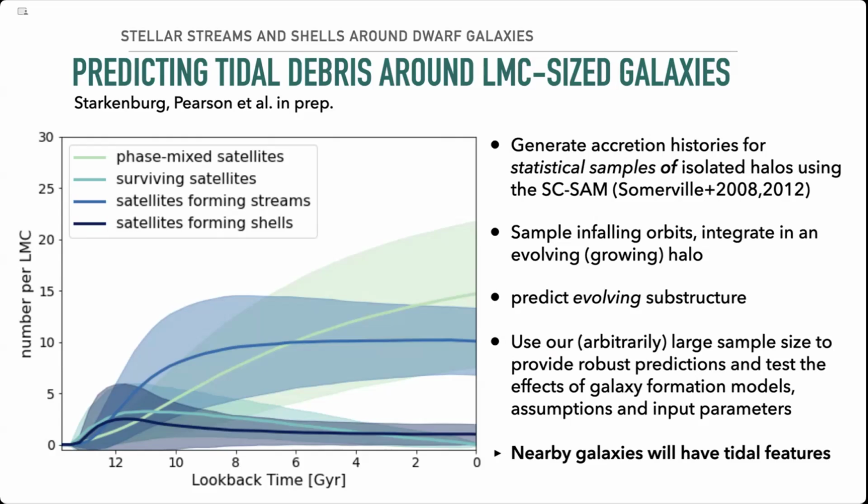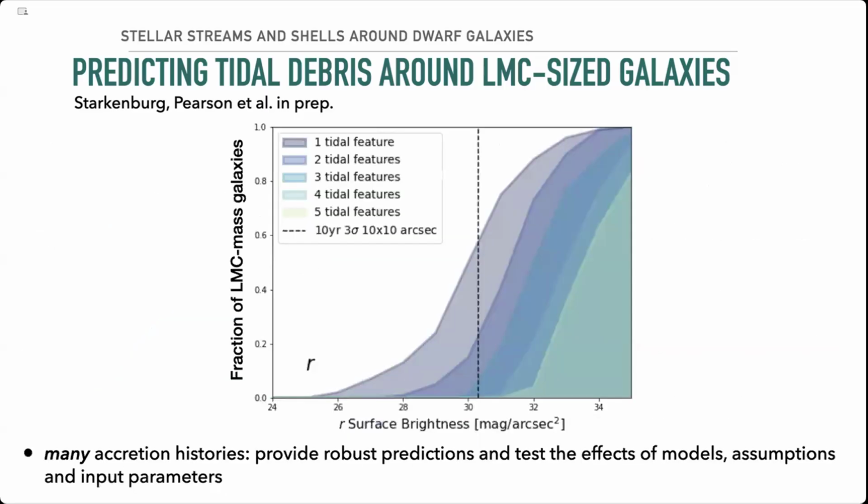And then the next question is whether they're observable. What I wanted to point out is another benefit of using the semi-analytic model: you can change the underlying physics and rerun, and so explore the space of changing physical parameters and see what the effect is on the predictions.